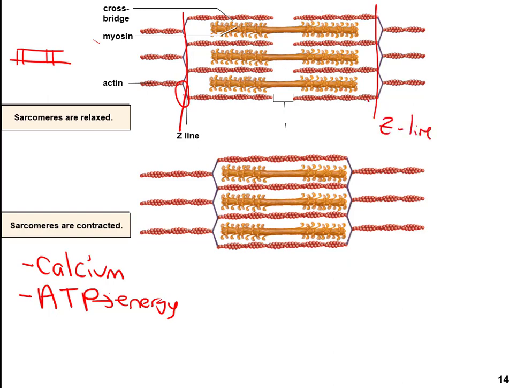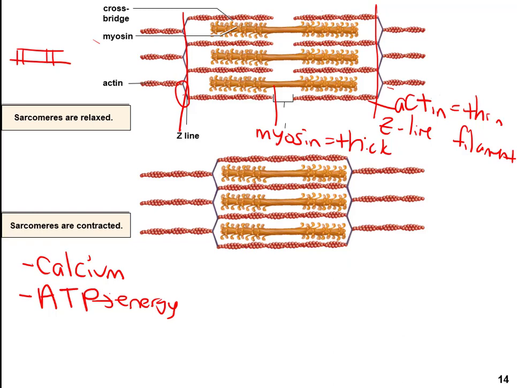Attached to the Z line, these little red fibers are actin, also known as the thin filament, because they're thin. They're a type of myofilament. Then in the middle, these orange looking guys are myosin. Myosin is also known as the thick filament because they're thicker.